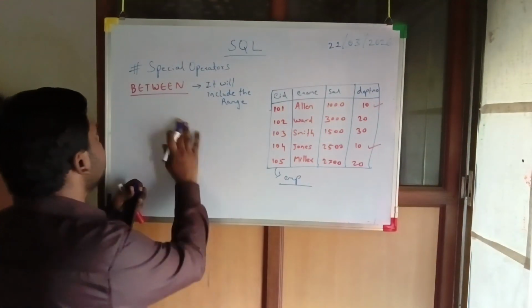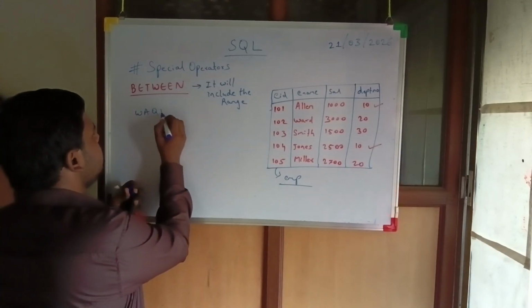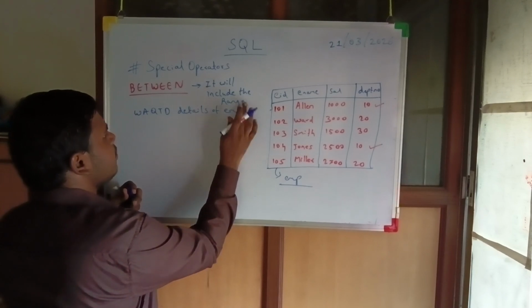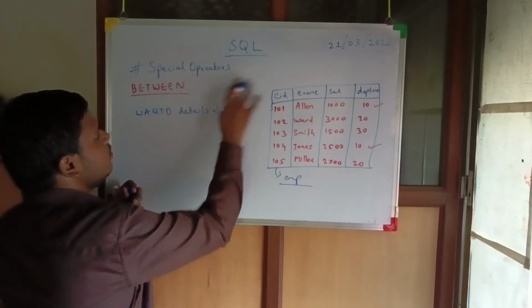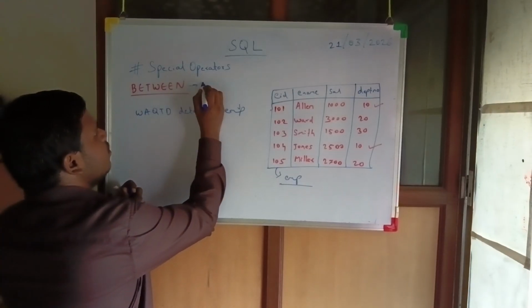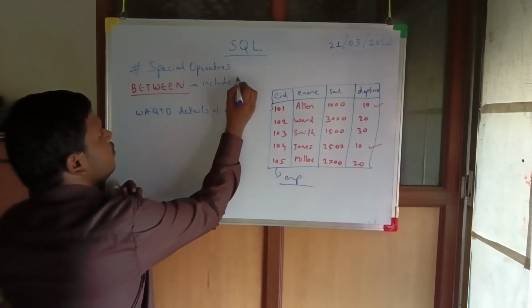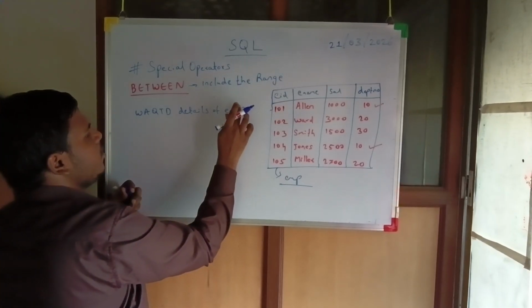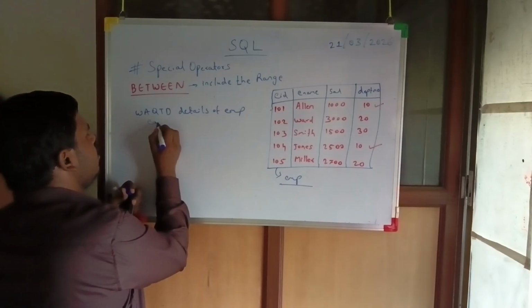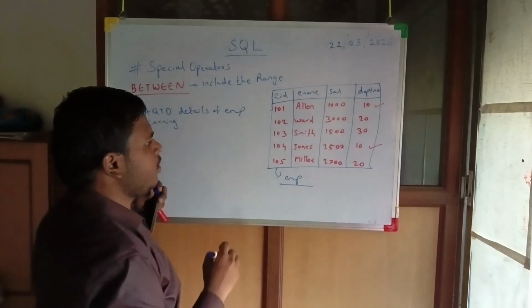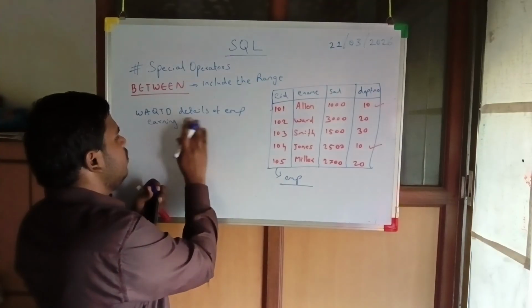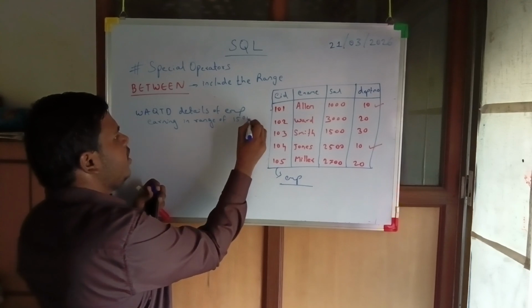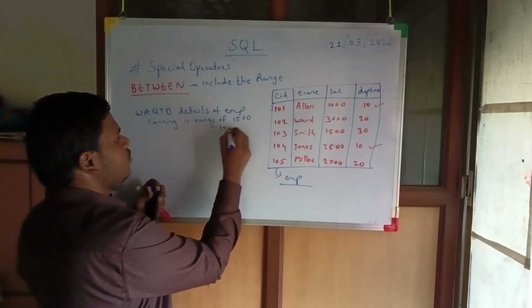Now if I give you a question, write a query to display details of employees earning in the range of 1500 to 2500.